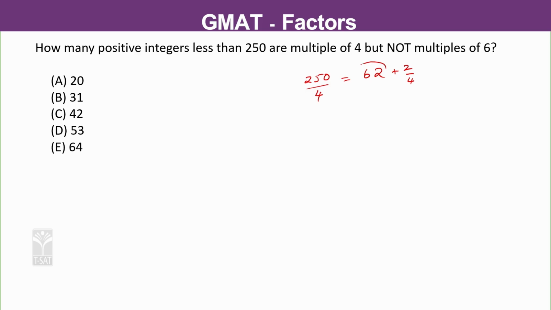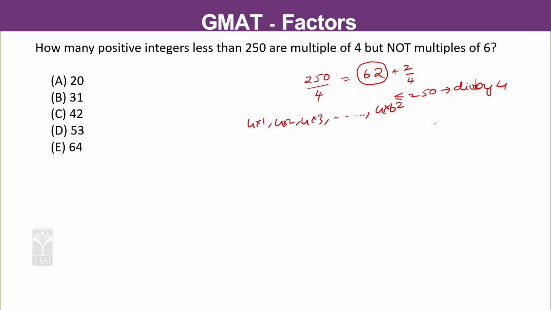So there are 62 numbers: 4 into 1, 4 into 2, 4 into 3, and so on up to 4 into 62 will be your numbers which are less than or equal to 250 and divisible by 4.